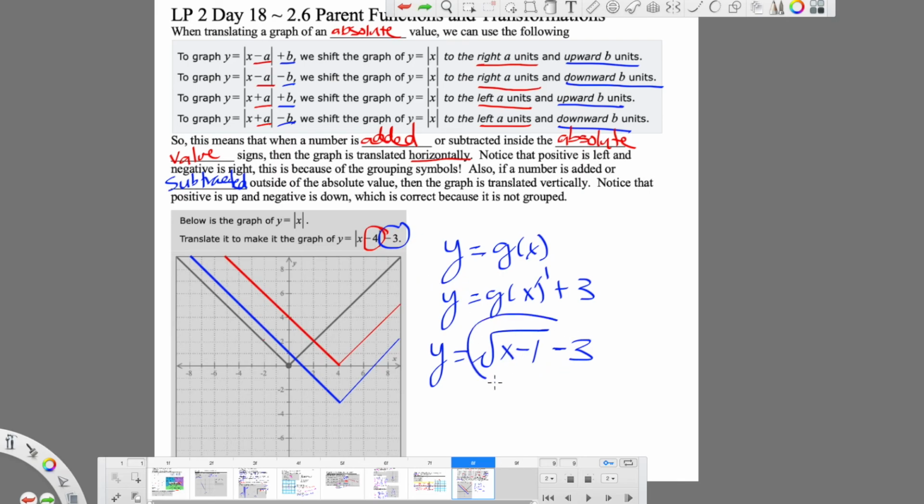And then I'm going to go down 3 because it's outside of what's being grouped. So it does in fact go down with the negative. So the grouping symbols can change, but the rules still apply. You can change them to parentheses or to the square root sign. It's whatever symbol is used to group. It doesn't really matter. It's just being grouped.